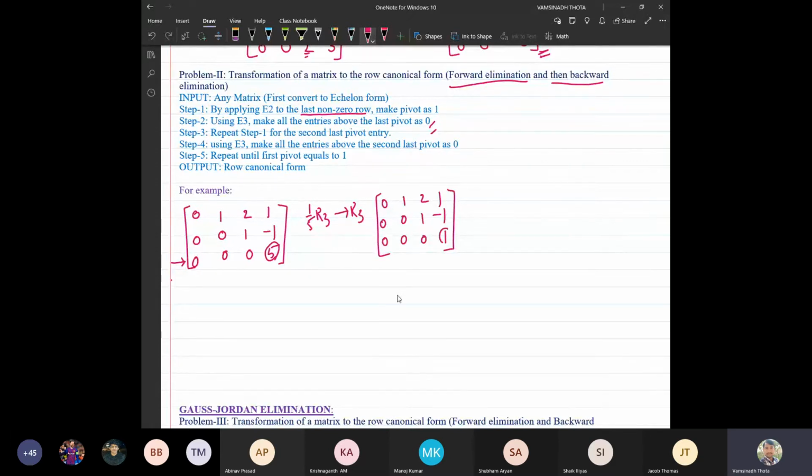So what is the last pivot entry here? This is 1. So all the entries above it should be made 0. Then only we can call it a canonical form, right?